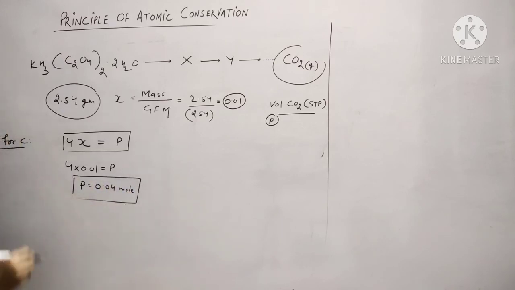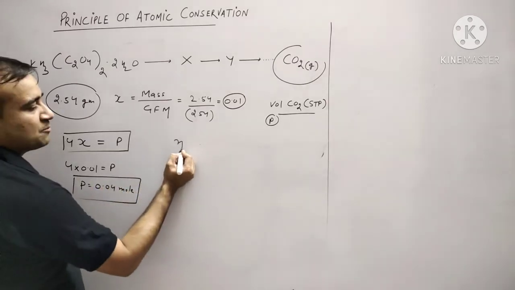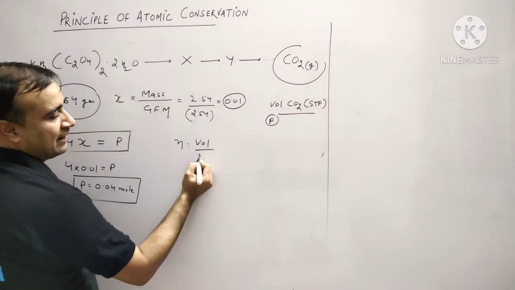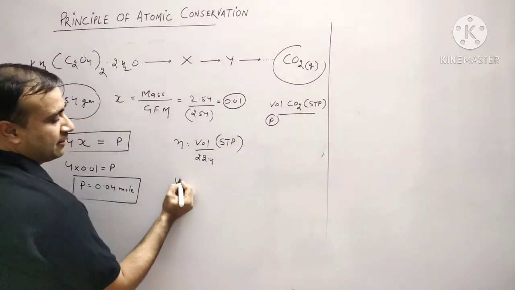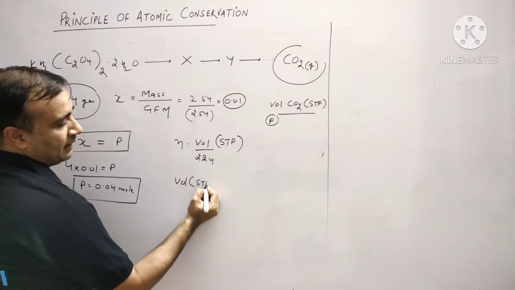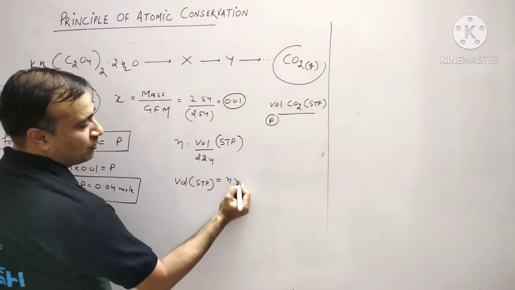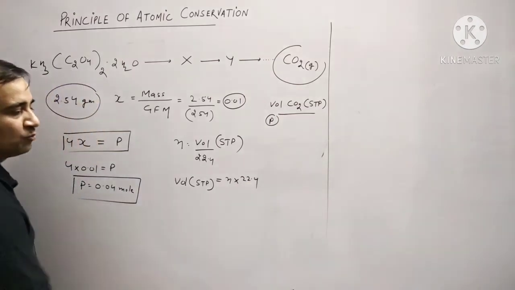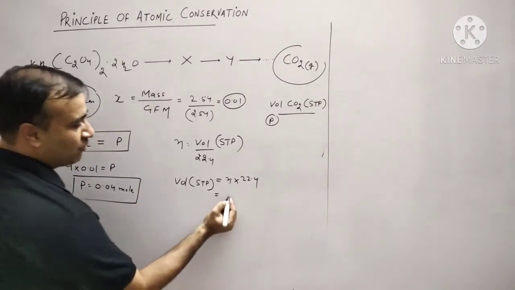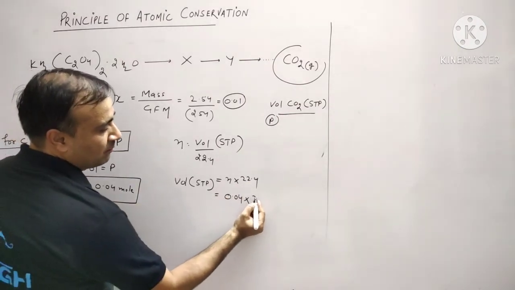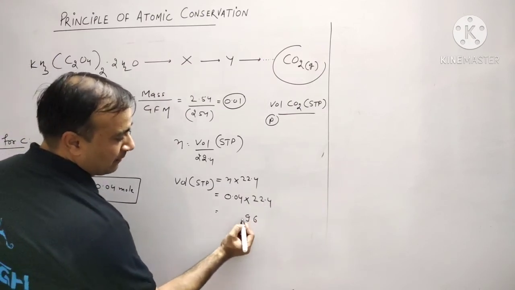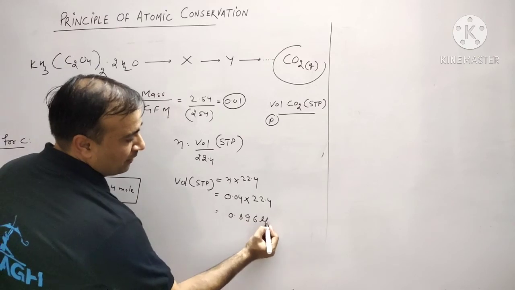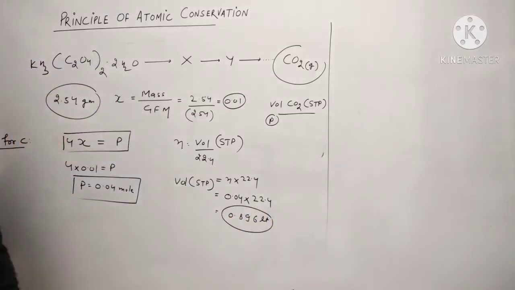And if number of moles of gas is 0.04, how can I determine volume of gas? At STP condition, it must be equal to number of moles of gas into 22.4, that is 0.04 multiplied by 22.4. The answer must be 0.896 liters.